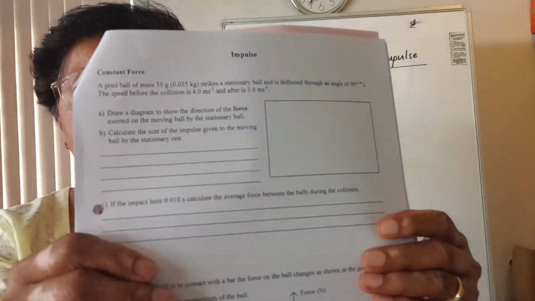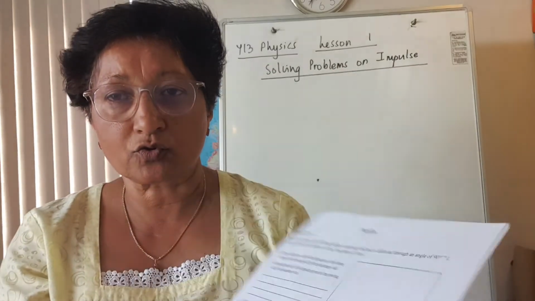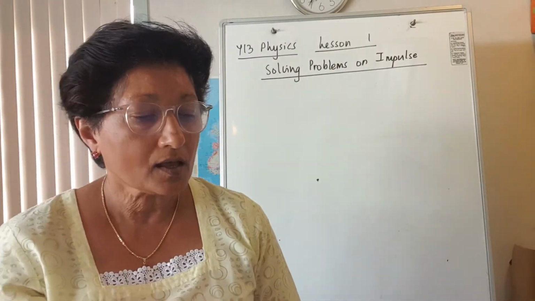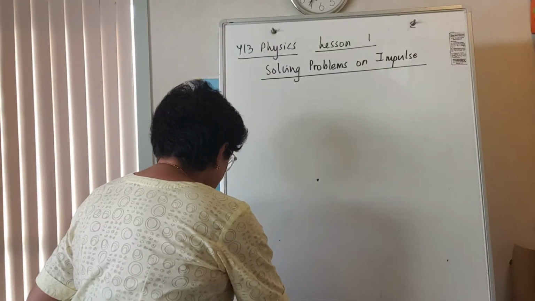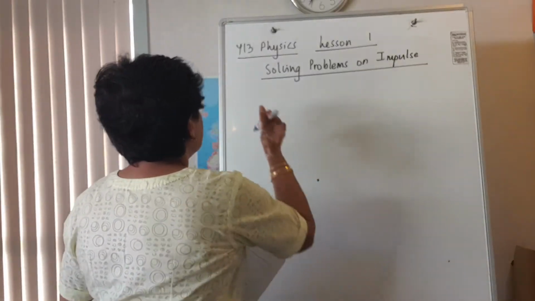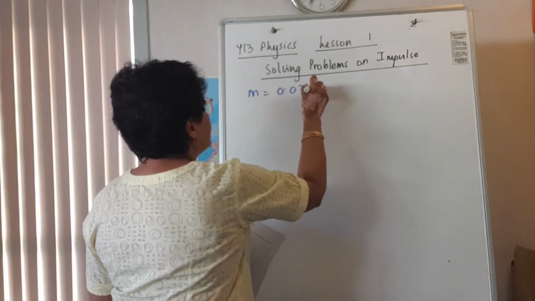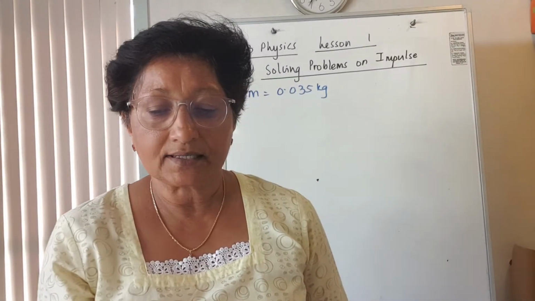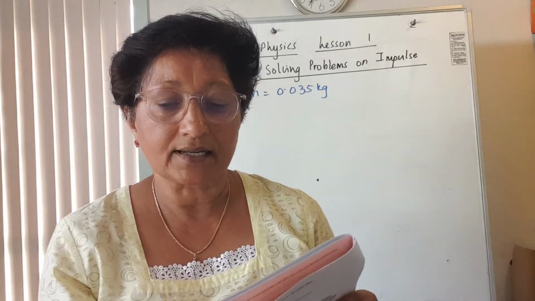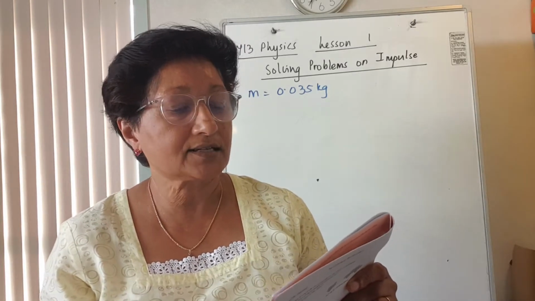So we're going to do this together, and I'll do it on the whiteboard and talk you through it. A pool ball of mass 35 grams, so that's the mass of the ball, which is 0.035 kilograms, strikes a stationary ball and is deflected through an angle, and you can see, it's going straight and it goes deflected through an angle of 90 degrees.